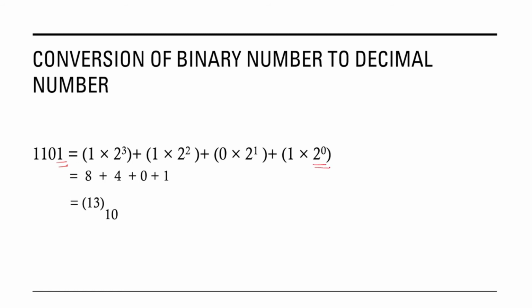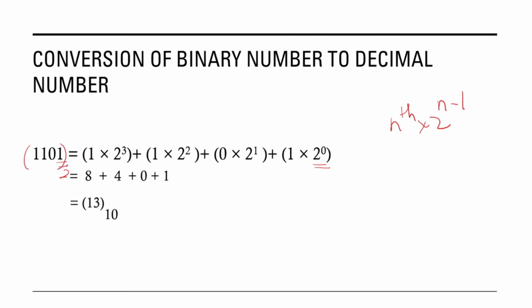Then we move on to the left, take the second digit and multiply it with 2 raised to 1, plus the third digit multiplied with 2 raised to 2, and so on, until we multiply the nth bit with 2 raised to n minus 1. If we do this operation, we will get the corresponding decimal number of the given binary number, which is to the base 2.